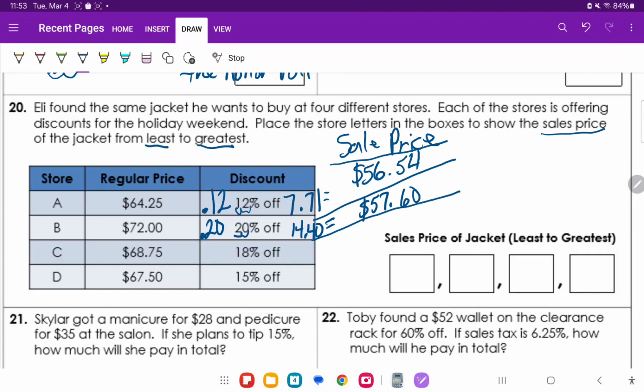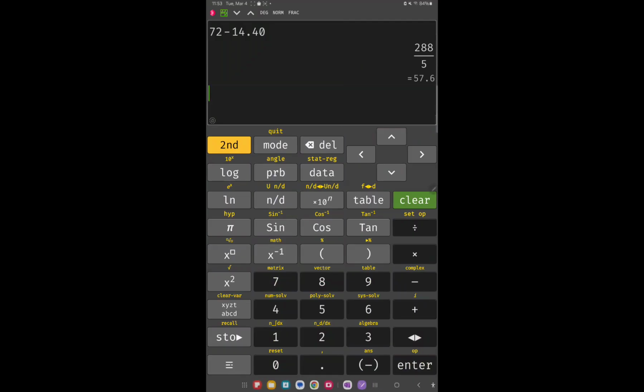So I want everyone on your own to do C and D real quick. All right, so on C, we're going to move the decimal. So it's 0.18. So we're going to do 68.75 times 0.18.